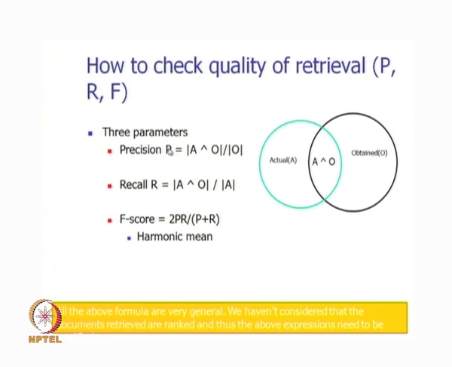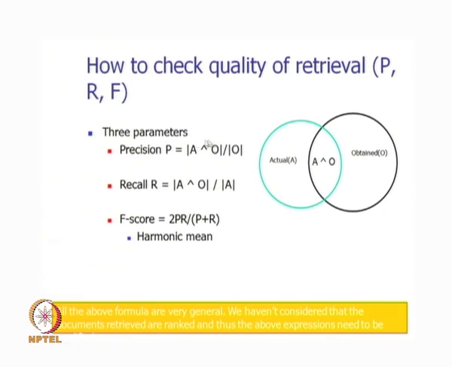So, you can see here precision is defined in terms of A intersection O divided by the size of O, where this diagram is there to explain A and O. O is the obtained list of documents, A is the actual list of documents, and we should look upon them as sets rather than lists.